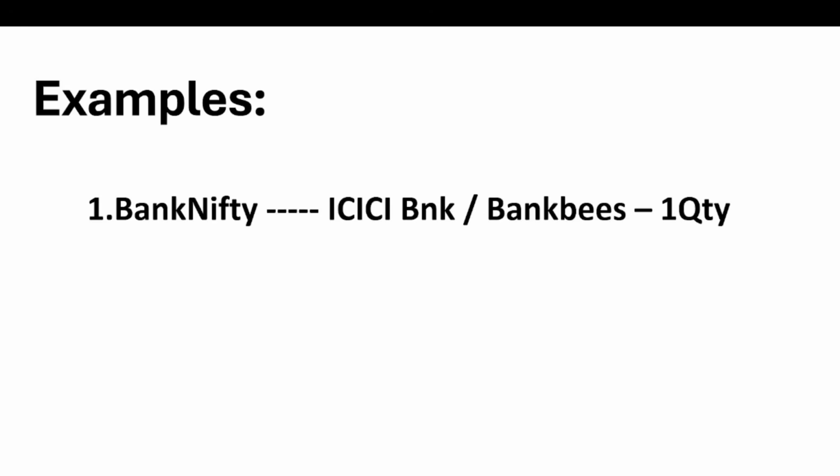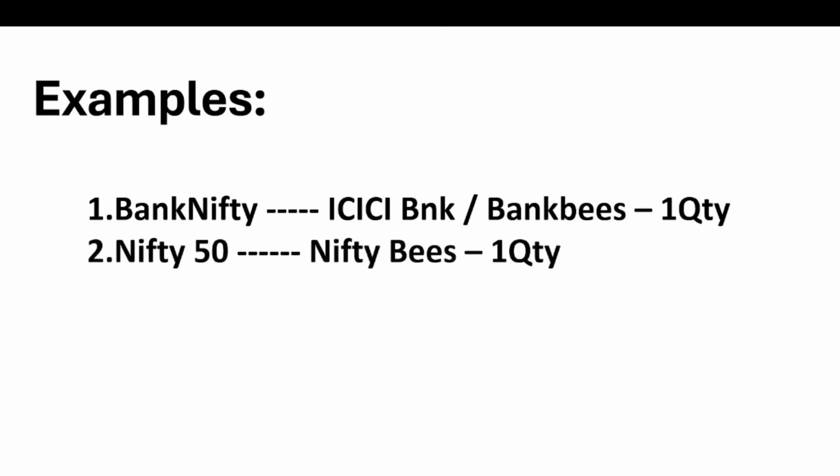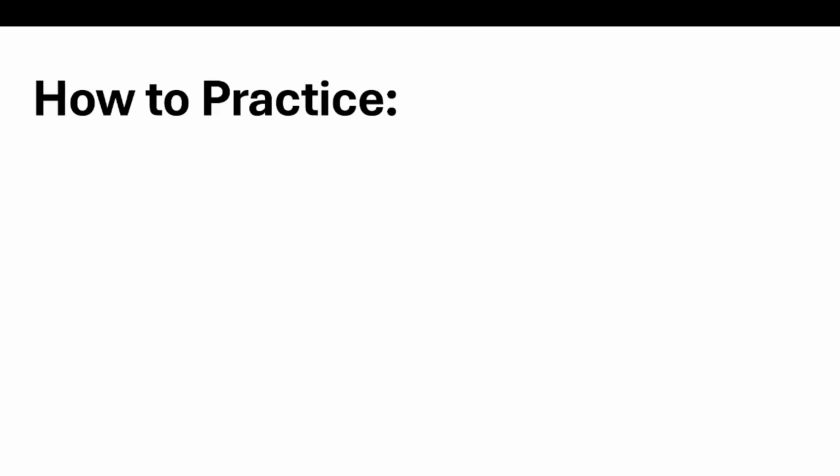But I didn't like the chart of that because it's low liquidity, so I never actually practiced on NiftyBEES, but I chose ICICI Bank. But after the weekly expiry of Bank Nifty got removed, I am now doing Nifty 50. And on Nifty 50, when I have to practice, I do it on NiftyBEES, and I trade with only one quantity of NiftyBEES.